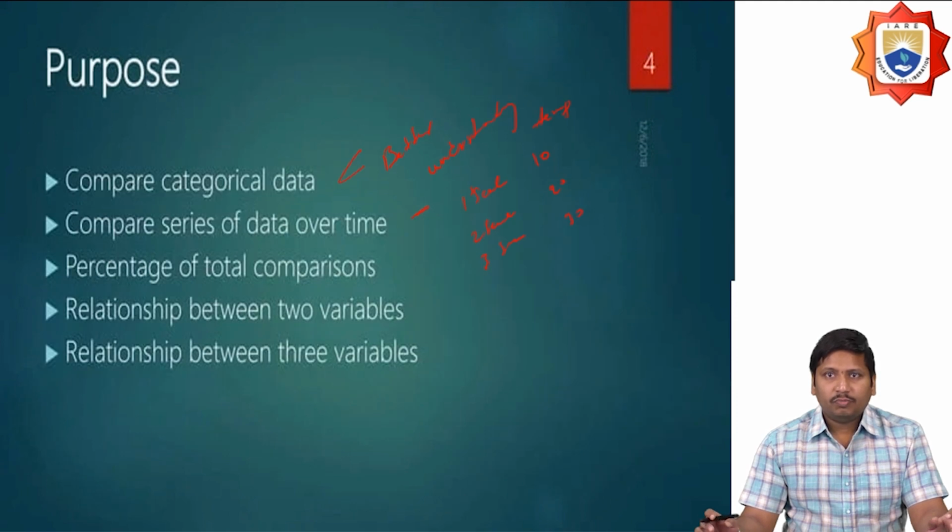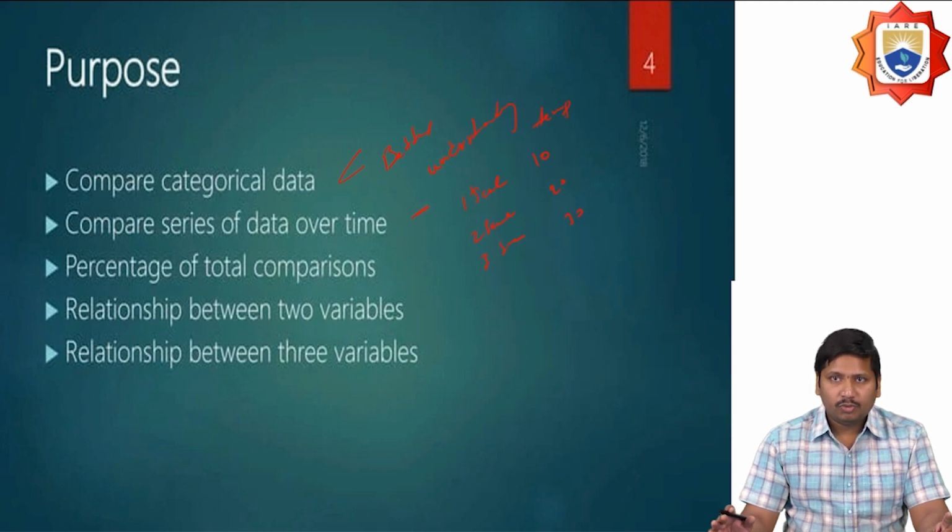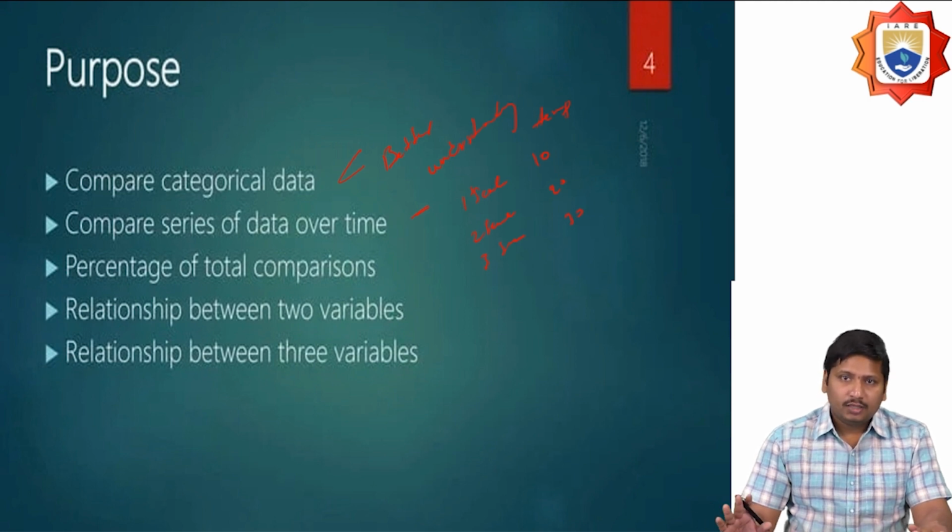The data we get is from multiple sources, converted into tables and then represented. The main purpose of graphical presentation is to make comparisons, since comparing categorical data in text or tables is difficult. We should be able to compare the data, compare a series of data over time, make a total comparison in the form of percentages, and find the relationship between two or three variables.